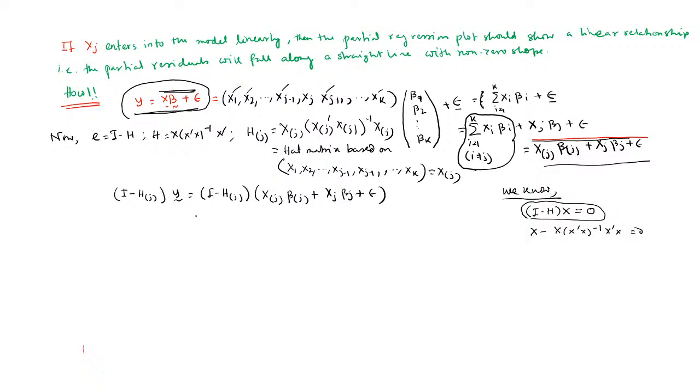So here also this term vanishes, because in that situation we are deleting xj. First I write all this, then I will explain.